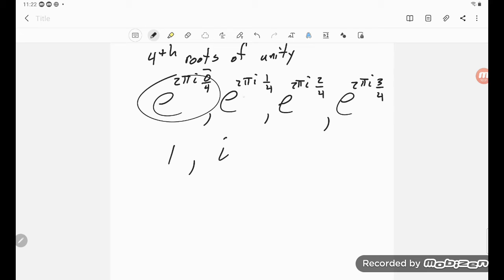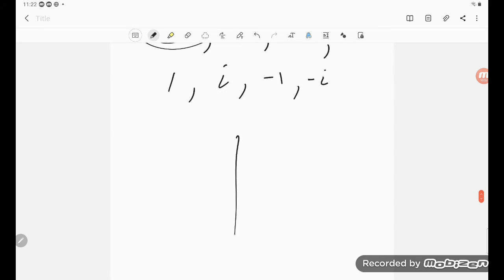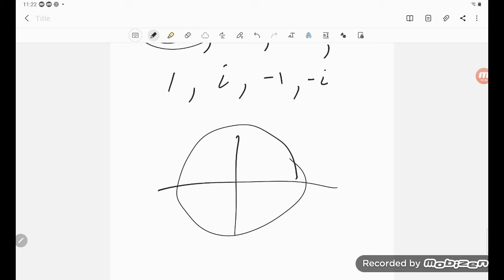Okay, so we get i for that second one. And then we get -1 for the third one. And finally, for the fourth one, we get -i. Okay, and again, that's just looking at our circle, and here would be theta equals 0.